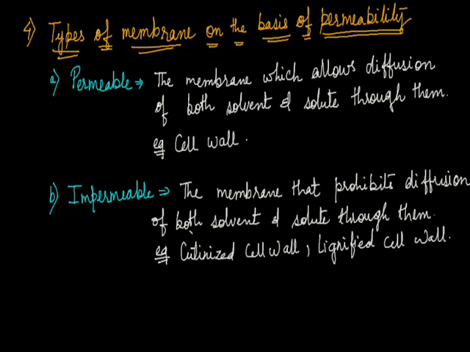The third type of the cell membrane is the semi-permeable membrane. A membrane which allows only the entry or passage of the solvent molecules but does not allow the passage of solute molecules through it is called a semi-permeable membrane.